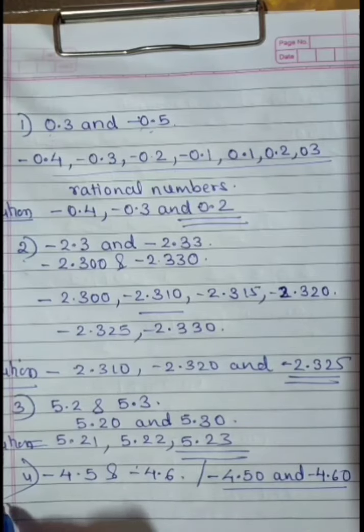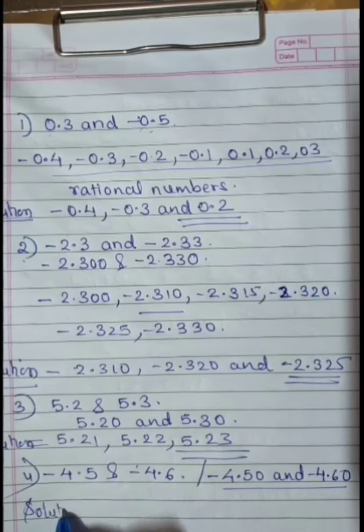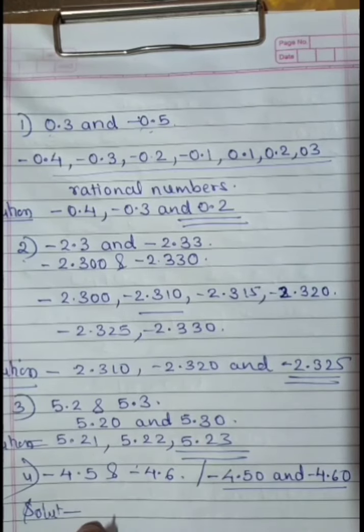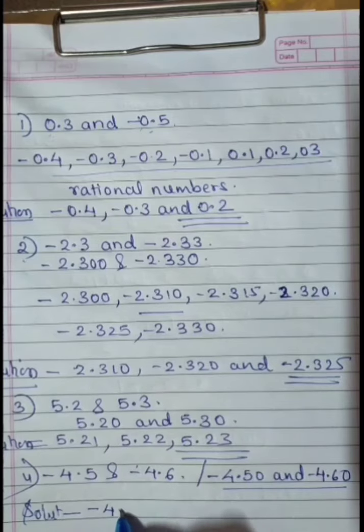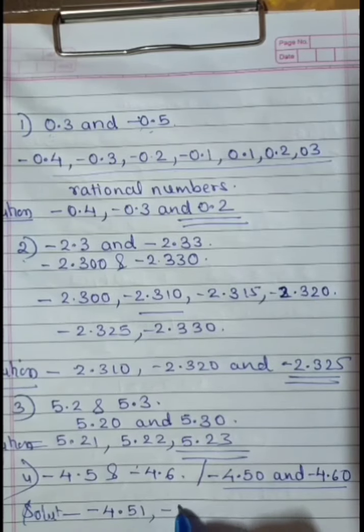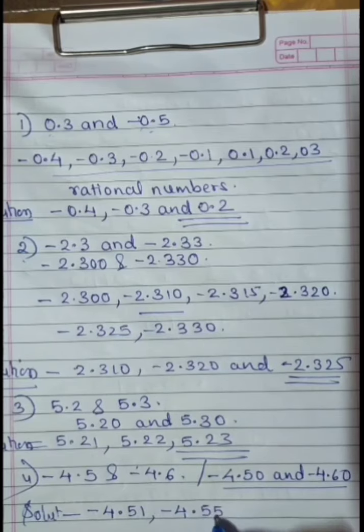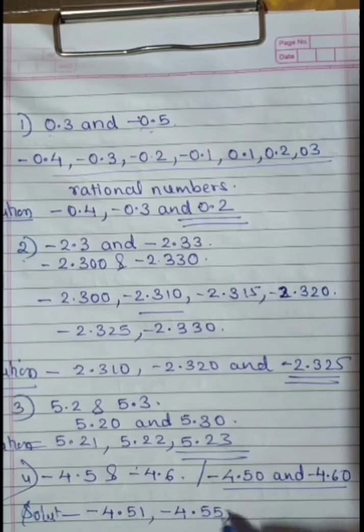So the solution we are writing. Between numbers we are writing. So what is that? Minus 4.51, minus 4.55. We can write any three numbers.